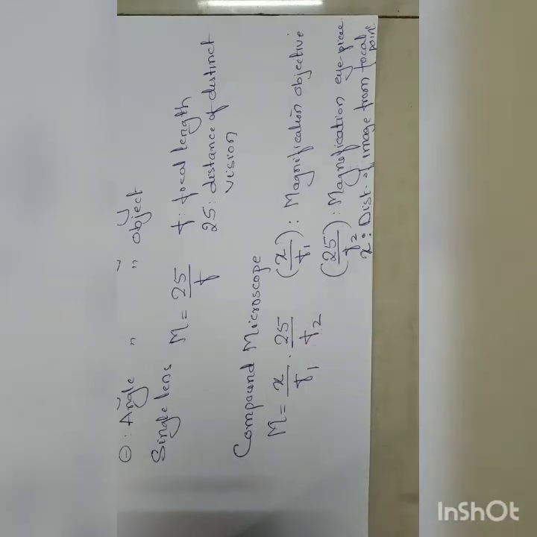I will not go into details of this. This is all you have learnt in basic physics. x upon f1 is nothing but the magnification of the objective. 25 divided by f2 is the magnification of the eyepiece, where x denotes the distance of the image from the focal point.